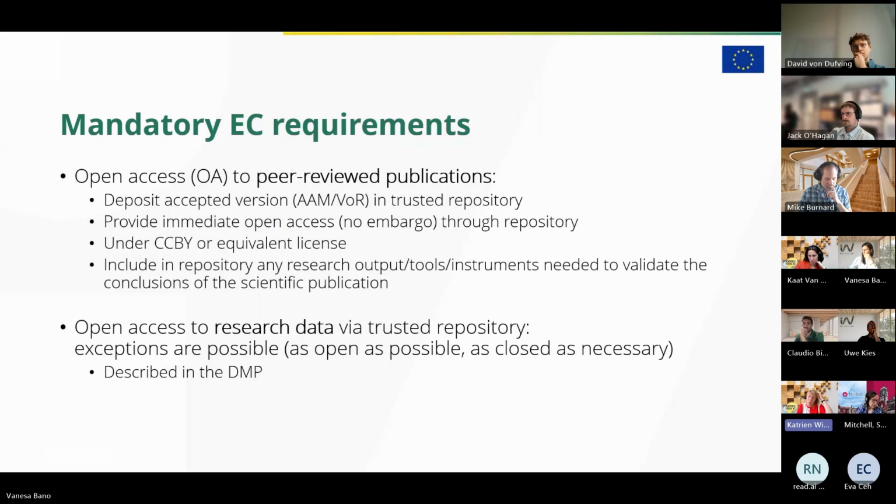So embargoes, which were allowed in Horizon 2020, are no longer allowed now. You need to give open access under a CC BY or an equivalent license. And also they ask that you include any research output or tools that are needed to validate the conclusions of the publication.